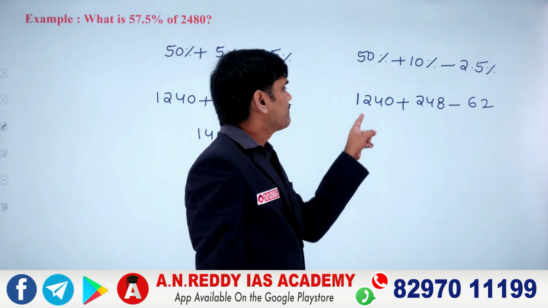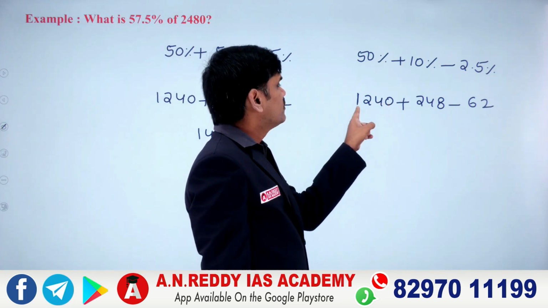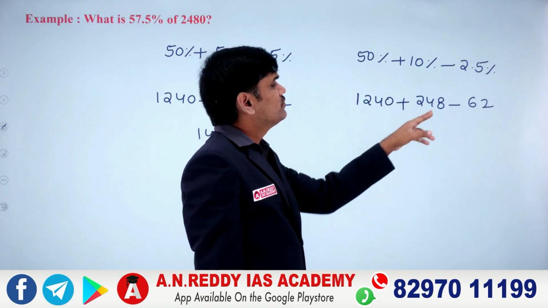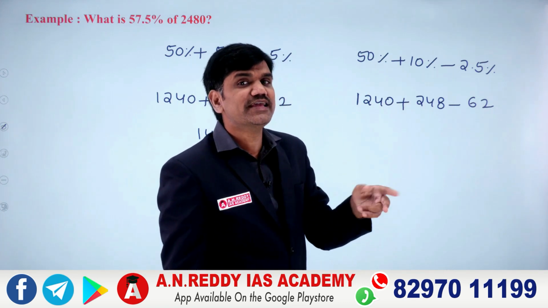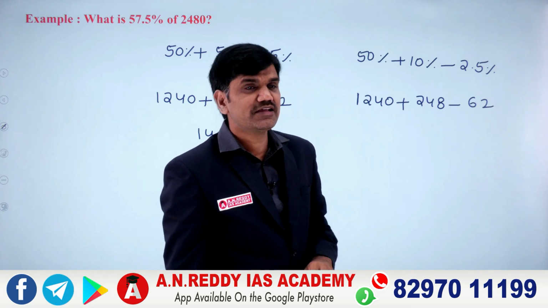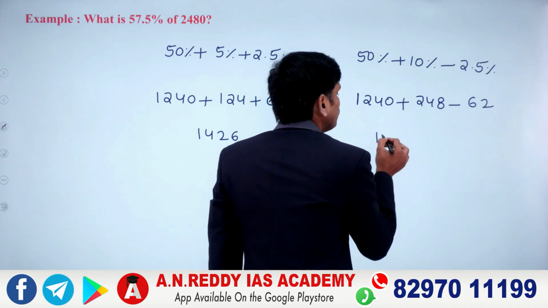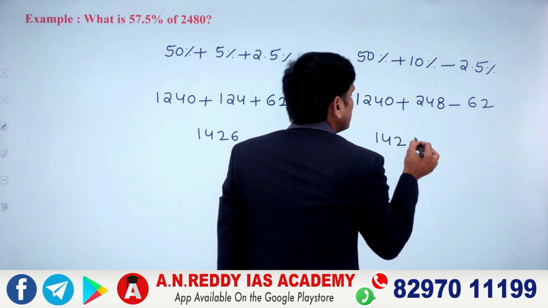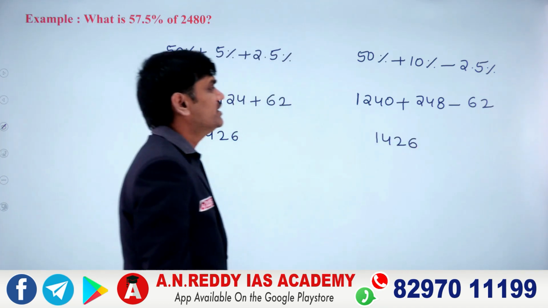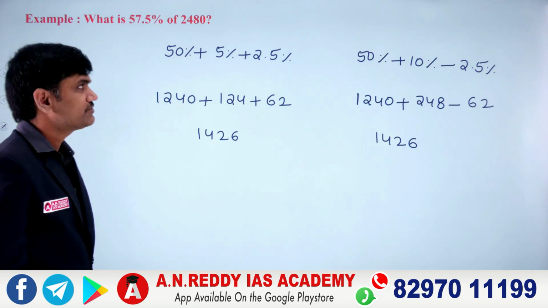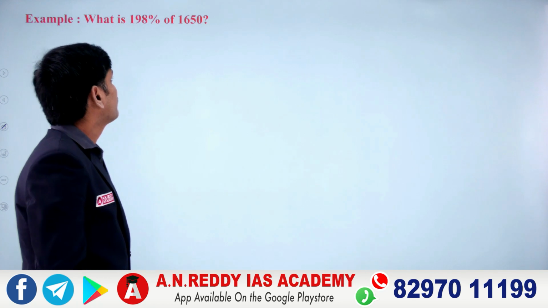Similarly, 1240 plus 248 will give me 1488, 1488 minus 62 will give me how much? 1426. In either way you can think, it's up to you. Is that clear? Chalo, let's move on.